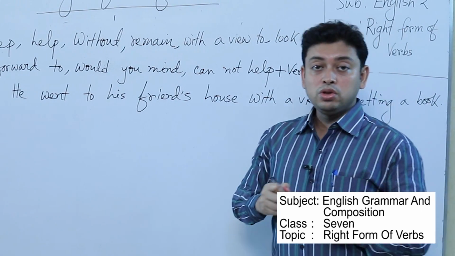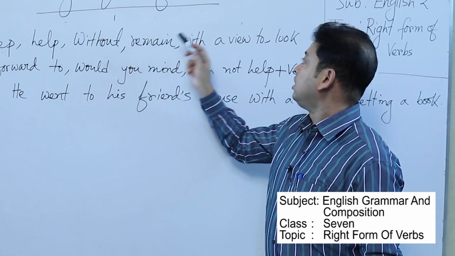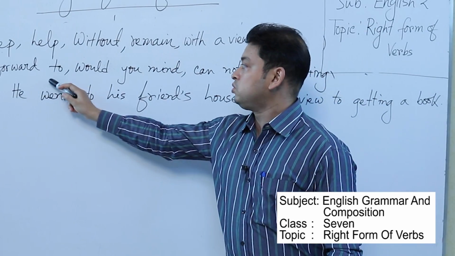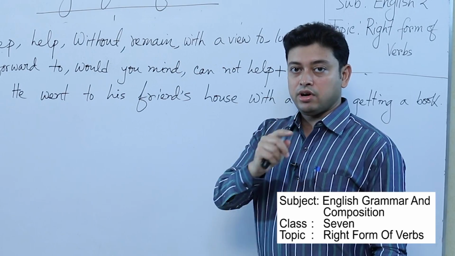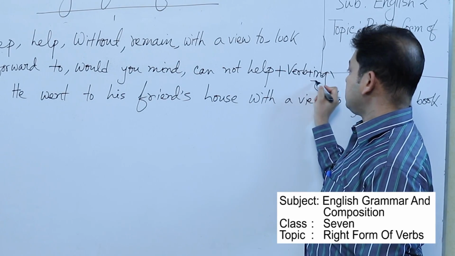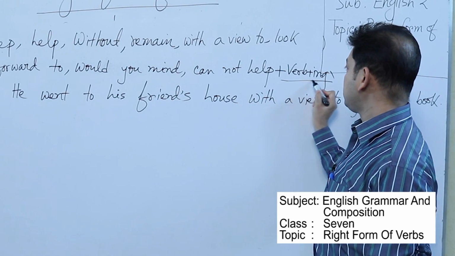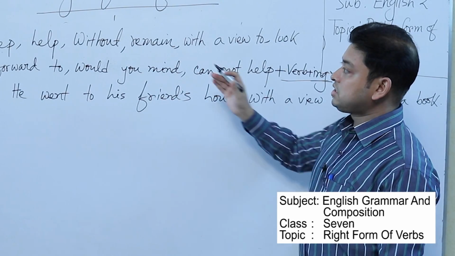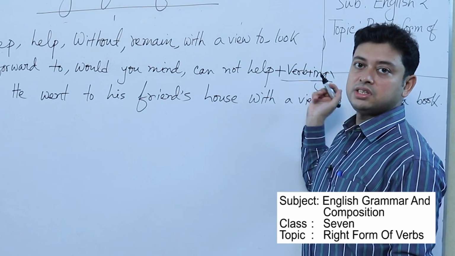So according to this rule, if there is keep or help or without or remain or with a view to, look forward to, would you mind or cannot help, after that the verb will take an ing. This is the most important thing. So give your concentration over here. If there is anything like this, then after this the verb will be verb plus ing.